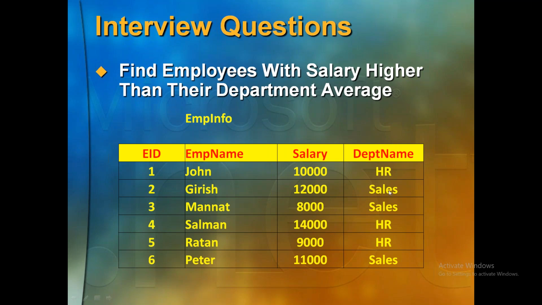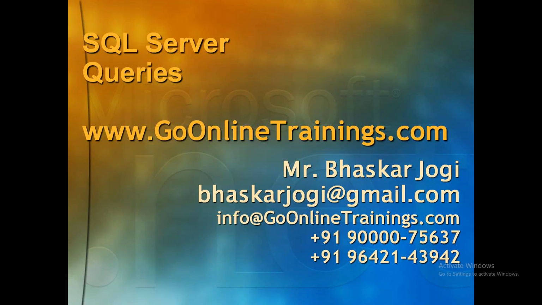Whatever the average is for their department. Find employees with salary higher than their department average. This is one beautiful interview question asked recently. You try this. If not, I'll give the answer. This is a very, very important interview question. Try to do that.